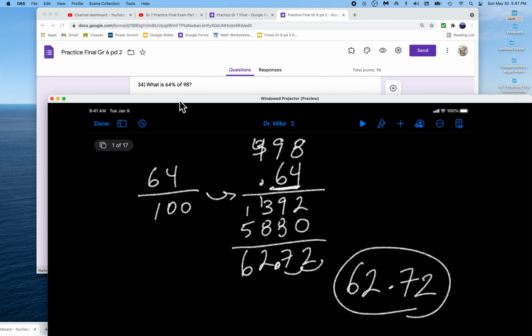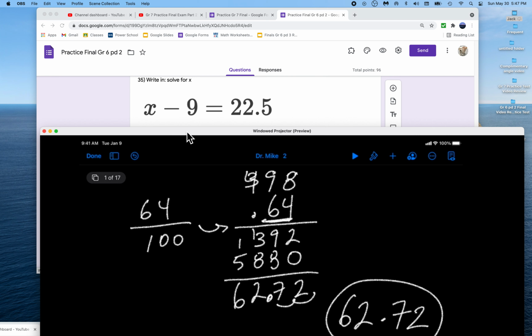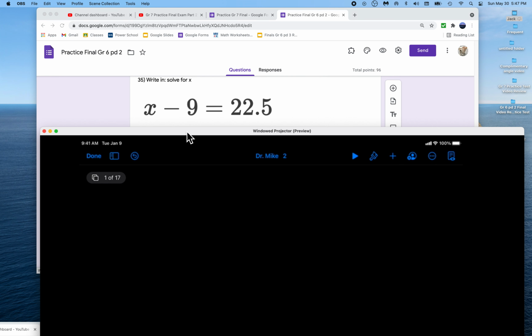Next one. Solve for x. Same thing, folks. We have x minus 9 equals 22.5. How do we get rid of that minus 9? We add 9 to both sides.